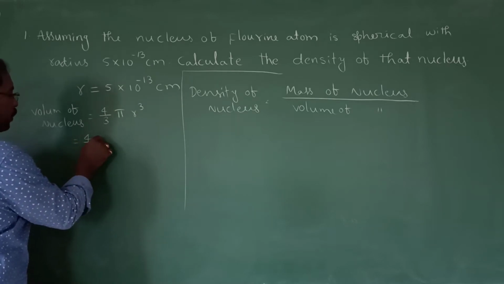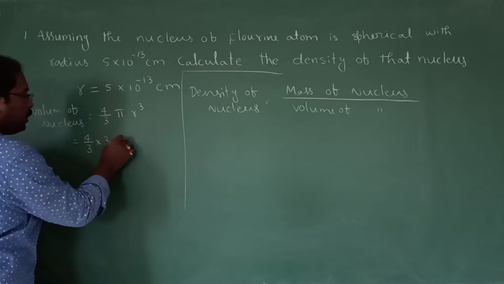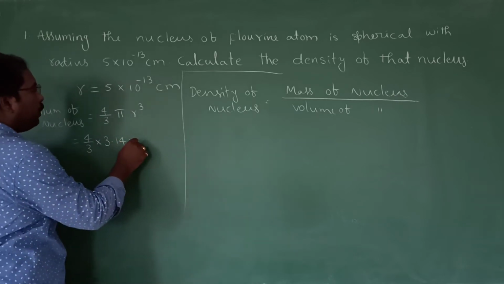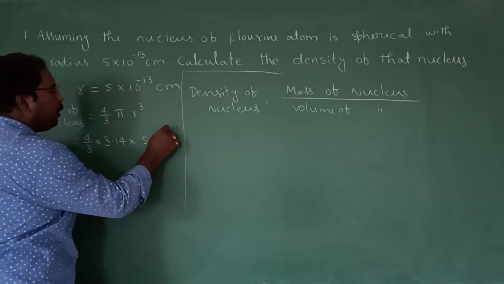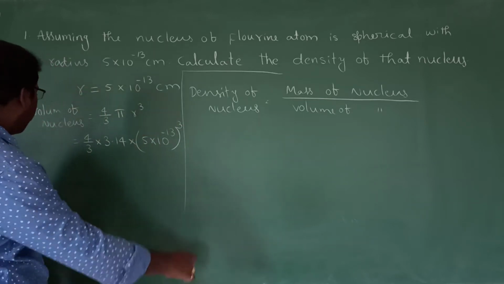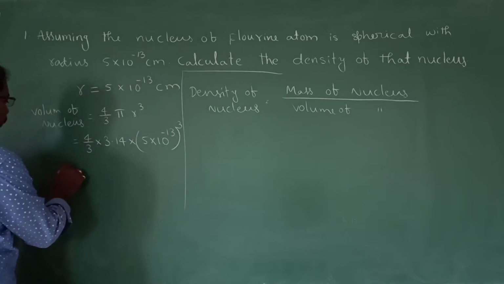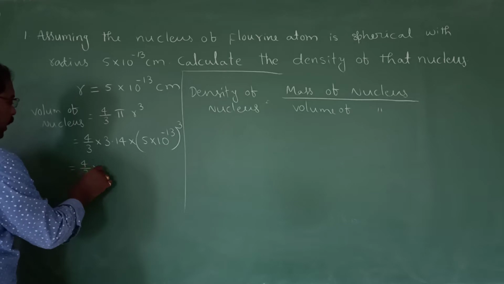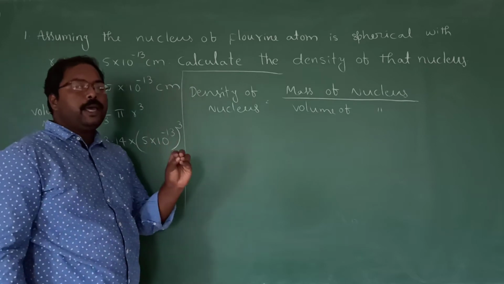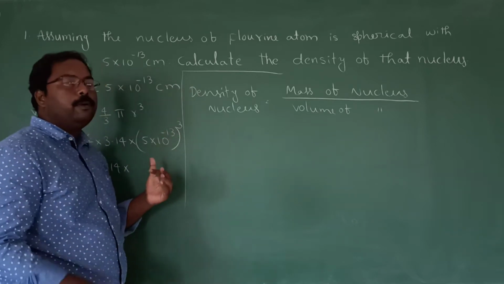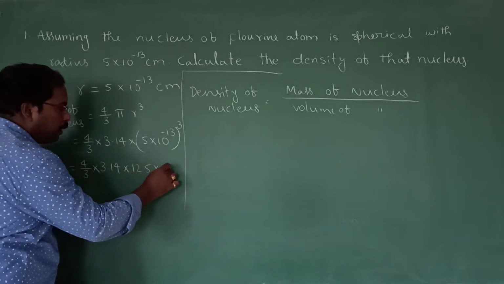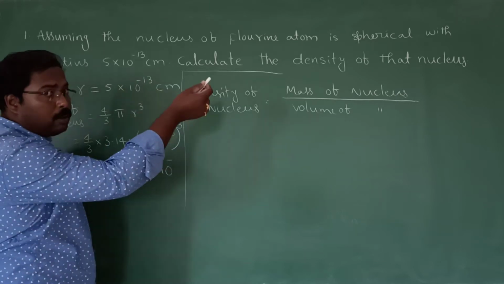4 by 3, pi value we all know is 22 by 7, nothing but 3.14. Radius how much is given? 5 into 10 to the power minus 13, r cube. So I have taken the power cube. Therefore, write the values: 4 by 3 into 3.14, 5 cube. 5 square means 25, so 5 into 25 is 125, into 10 to the power minus 13 whole cube.